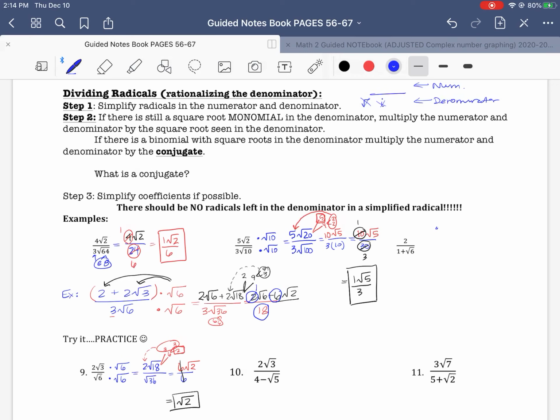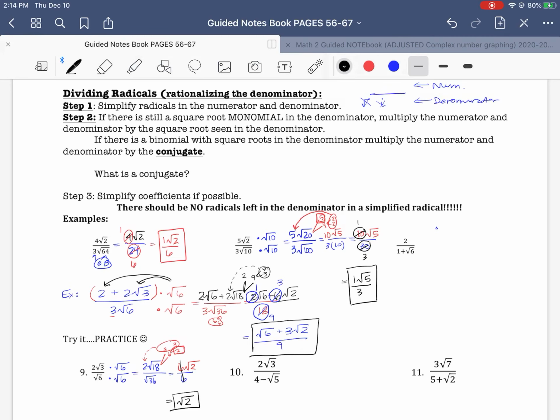So here 2 can divide into 2 once, can divide into 6 3 times, and into 18 9 times. So we end up getting the square root of 6 plus 3 square root of 2 all over 9. Now again, it's tempting to look at this and say, well, what about 3 and 9? But again, it has to be common to all 3 coefficients in order to come out. So this one we would be done with at this point.